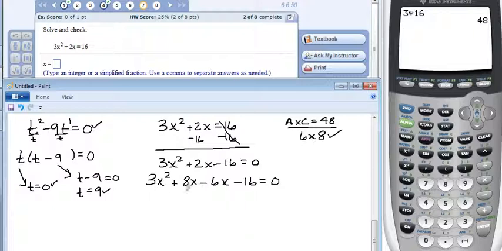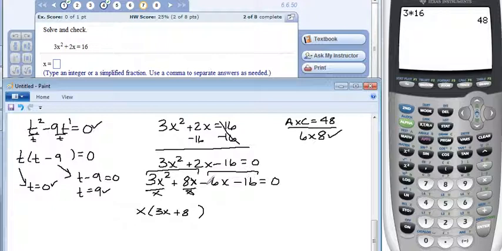Okay, what's common here? We're going to group, remember? Well, there's not much in common, just the x, right? So I'm going to divide through by x. This gives me 3x, my x's are canceling, plus 8. What's in common here? Well, not a whole lot again, but a 2 is in there.